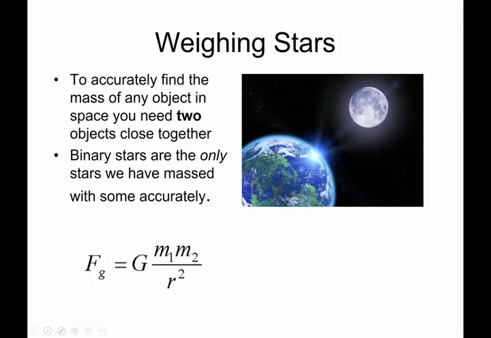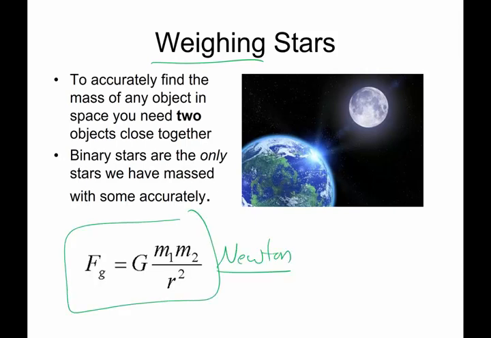All right, last slide in this section, because we're talking about how we know the different properties of stars: how do you actually weigh a star? We talked about this back when we talked about Newton's universal law of gravity. In order to find the weight of anything mathematically out in space, you have to have two objects.